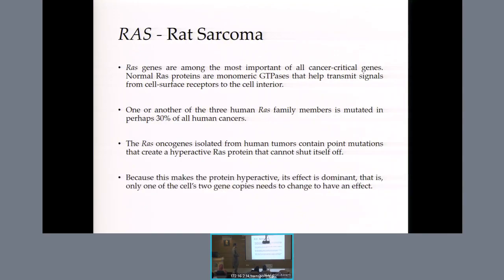Because this makes the protein hyperactive, its effect is dominant. Recessive is in suppressor genes. Here there is a dominant effect, a gain of function. The protein has become hyperactive. That is, only one of the cell's two gene copies needs to change to have an effect.